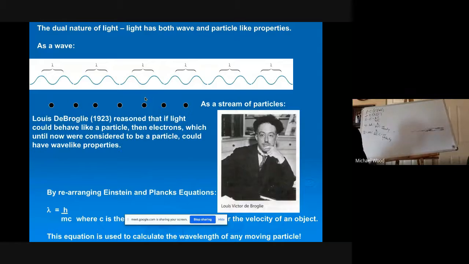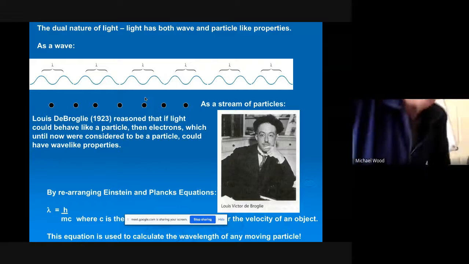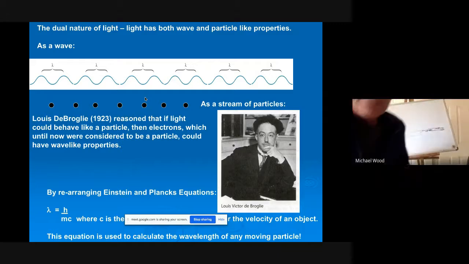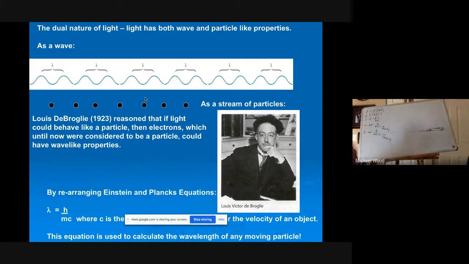But what he won his Nobel Prize for was not E equals mc squared or anything else. It was for the photoelectric effect. And so if we combine, and we went through this slide, I think we've talked about it, the dual nature of light. Light has both wave and particle-like properties.